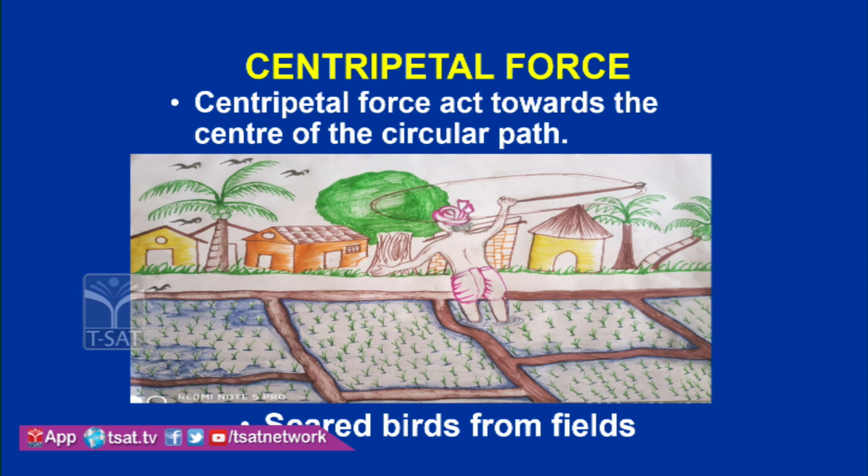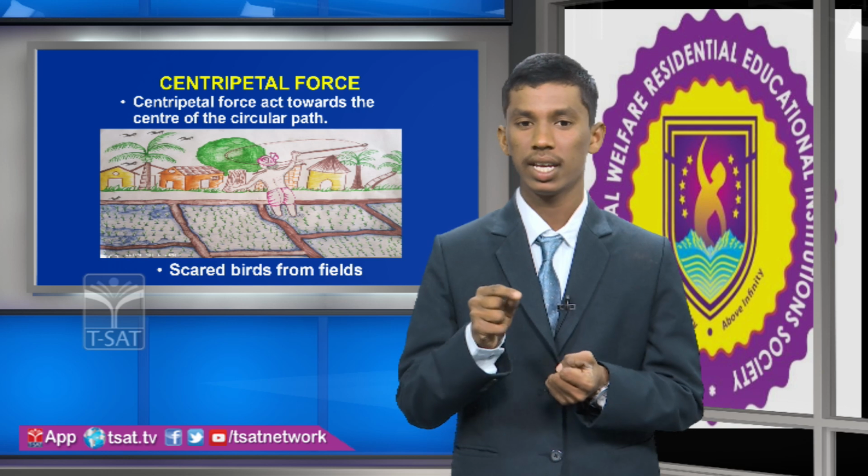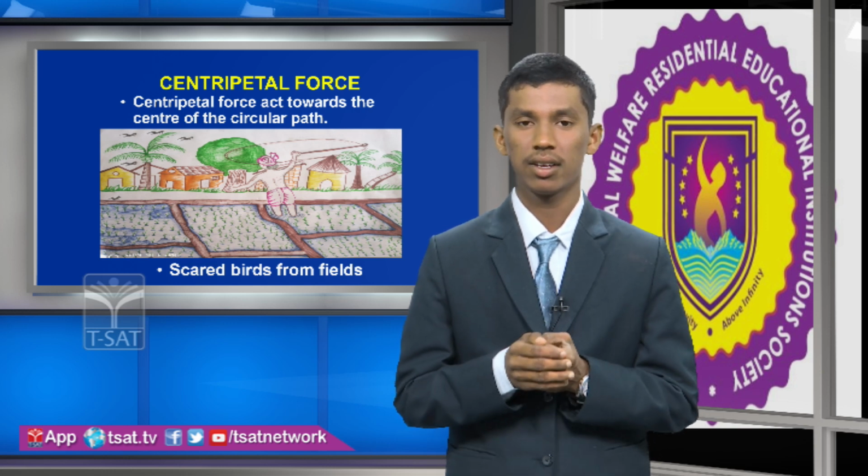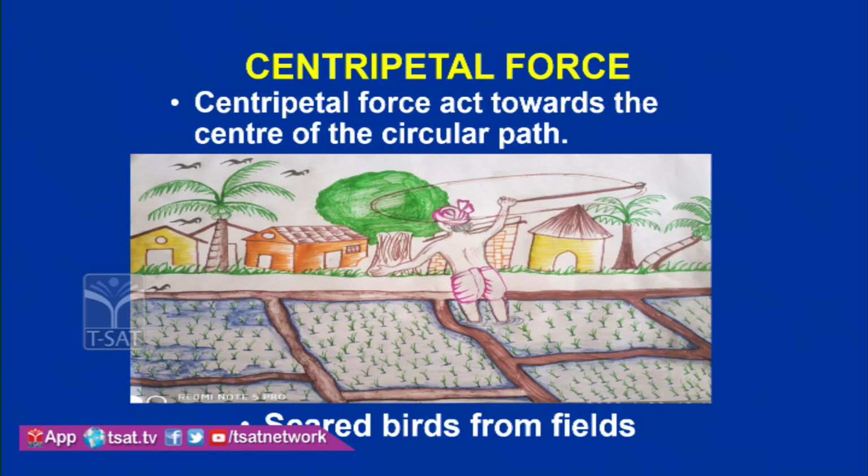When he swirls round and round, the rope pulls the stone towards the center. As I already said, the force directed toward the center is centripetal force.